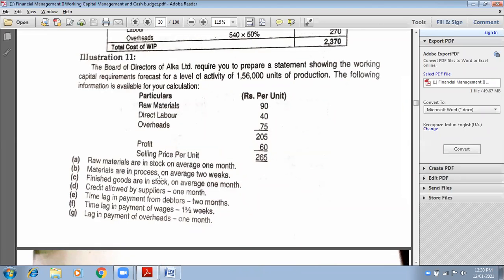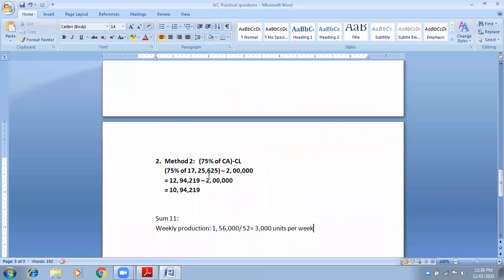Materials in process, that means work in progress, on an average for 2 weeks. We don't need to convert now because it is already in weeks. But for WIP, we will have to make a working note. See, this is the first working note, and now it will be the second: stock of WIP.